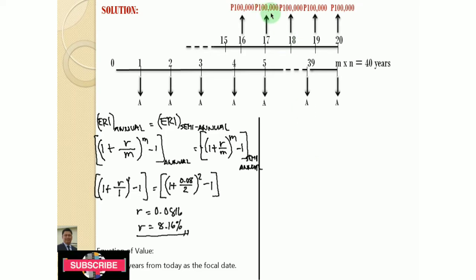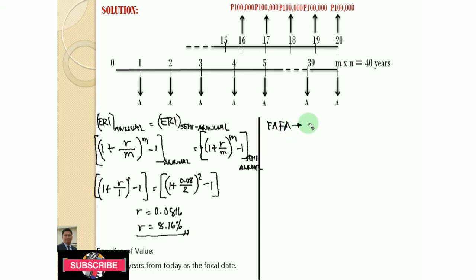Since this one is given and this one is unknown, you can consider the first case, P given A, or shall we use the second case, F given A. In this problem, it's better for us to use the F given A.